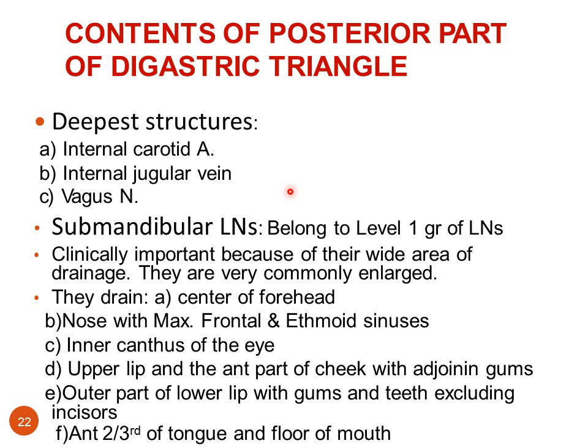Any infection of the head and neck region may lead to enlargement and suppuration of these nodes. So we make an incision to open the abscess of these nodes, especially near the lower part of the mandible. When you make an incision at the lower part of the mandible, you may accidentally injure the marginal mandibular nerve, which lies superficially, resulting in paralysis of the lower lip. So that you should remember.